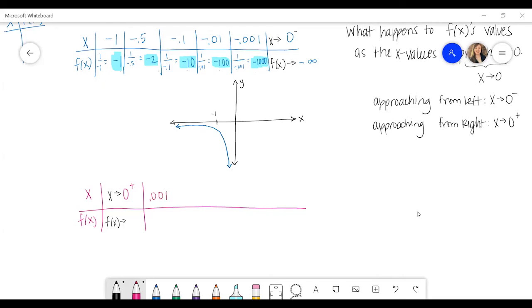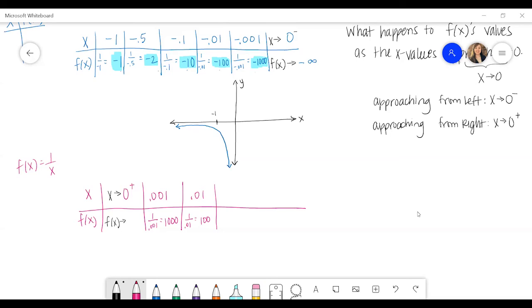And we do the same thing, right? The function is exactly the same. We're still working with f of x as 1 over x. So this would be 1 over 0.001. Well, that's 1,000, right? Numbers are the same. It's just different signs. 0.01. 1 over 0.01 would be 100. Again, throw it on a calculator.